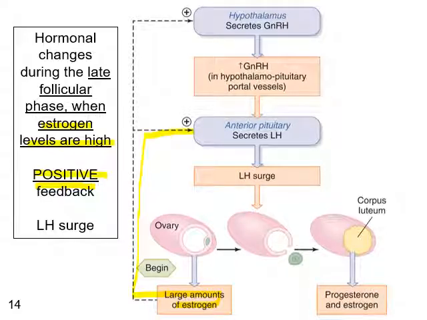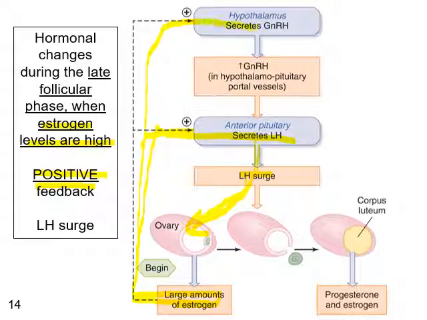So it causes the anterior pituitary to secrete more LH, which causes more ovarian development, which causes more estrogen. More estrogen, more. So this is a positive feedback loop. It also includes a long loop to GnRH.